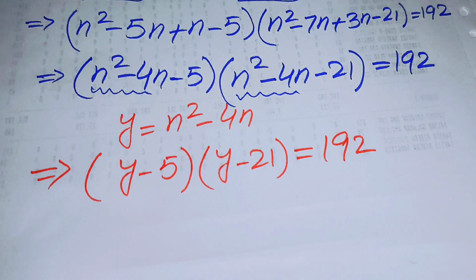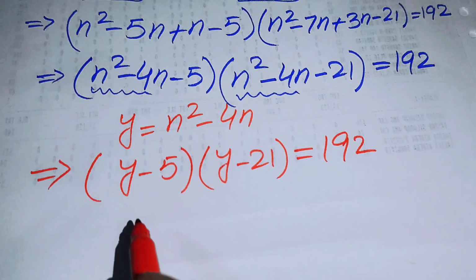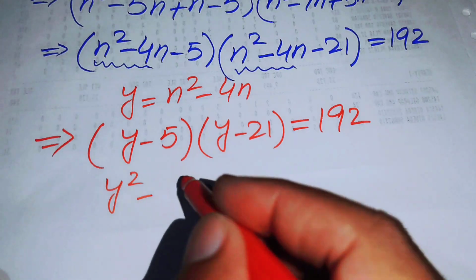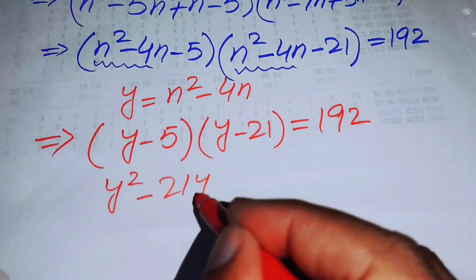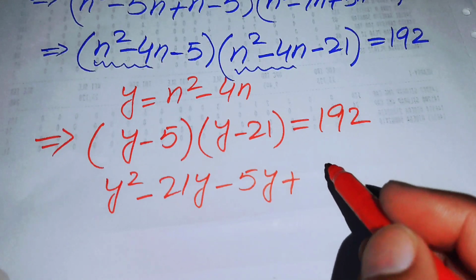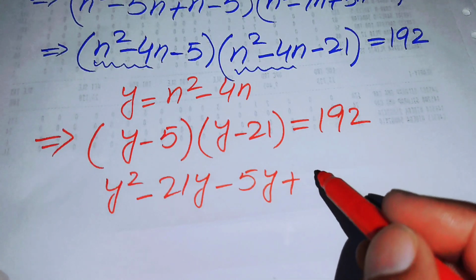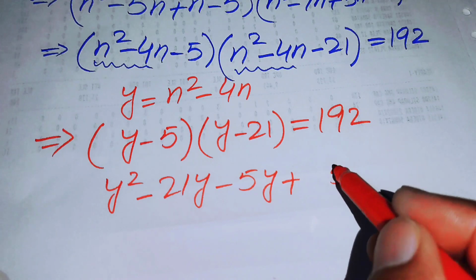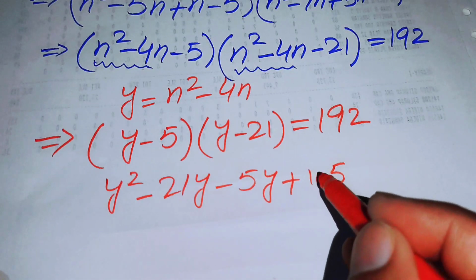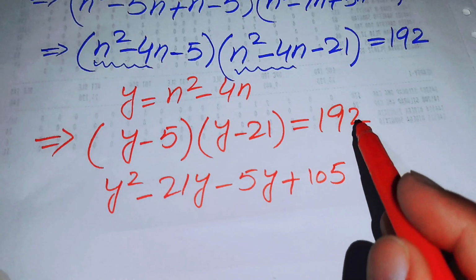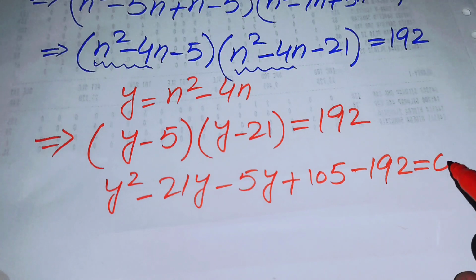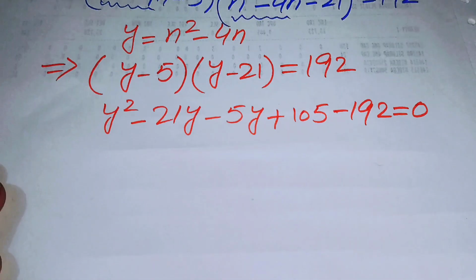Now we multiply these two factors again, and we get y² − 21y − 5y + 105. Here 5 times 21 is 105, and we move this 192 to the left-hand side, so it becomes −192, and the whole expression equals 0.